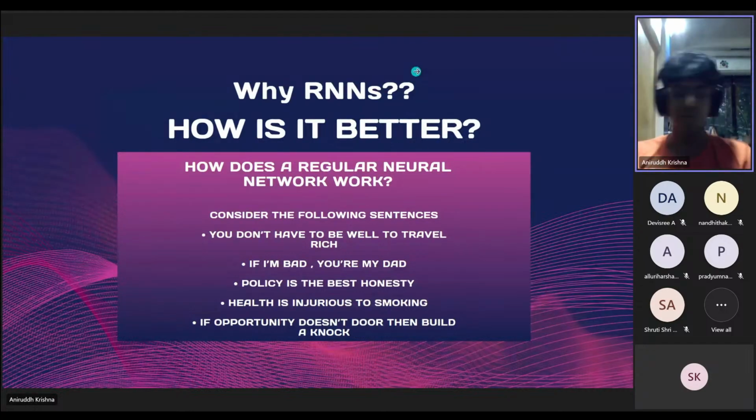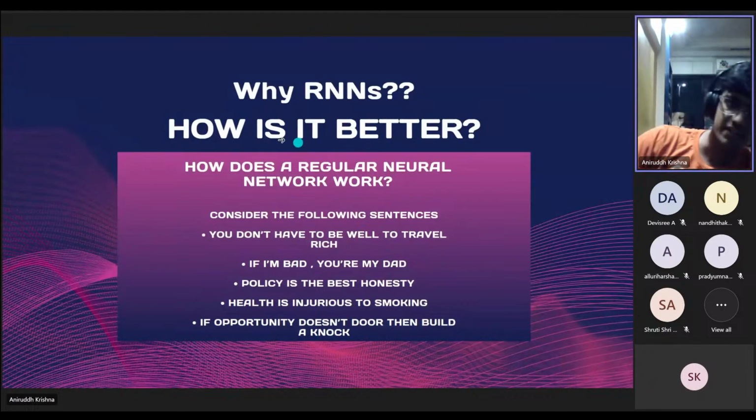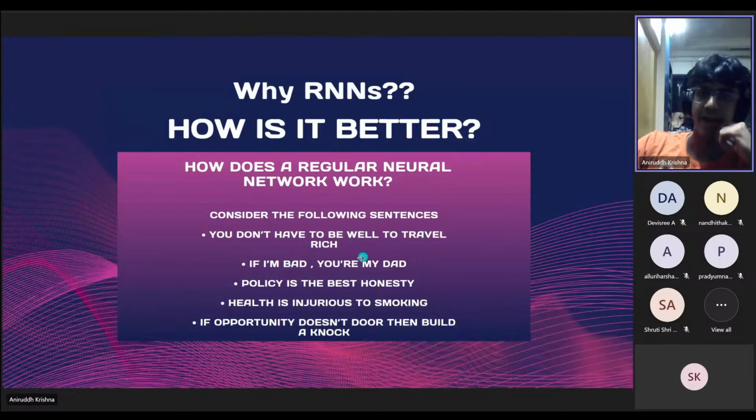The problem was when we have one sentence, a regular neural network would just take in every single word independently. So even if we jumble the sentence a bit, the network would still consider it to be the same. For example, look at these sentences. "You don't have to be well to travel with." "If I'm bad, you're my dad."